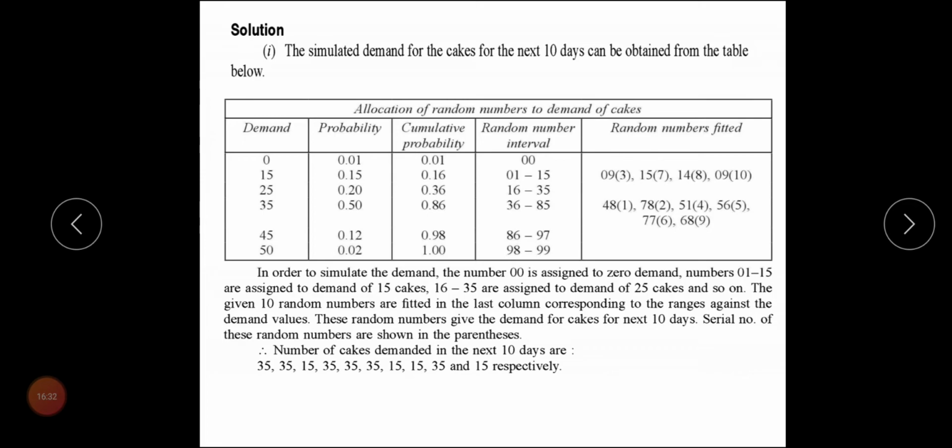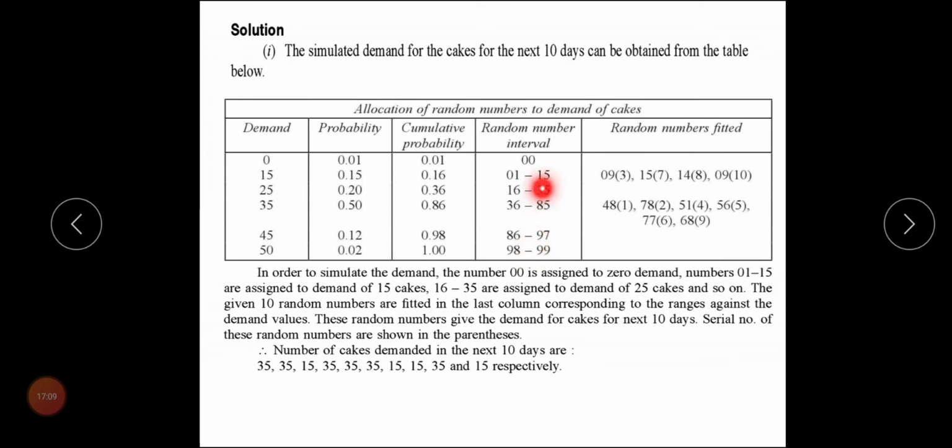One more thing, how to get this random number interval? See here, it is 0 at the beginning. So 0 to 15, then 16 to the number before this, 35, then 36 to the number before this, that is 85, then again 86 to the number before this, 97, and then 98 to the number before this, 99.